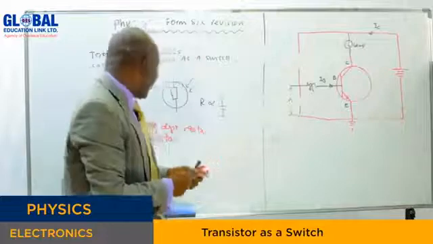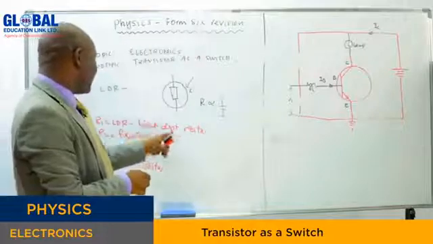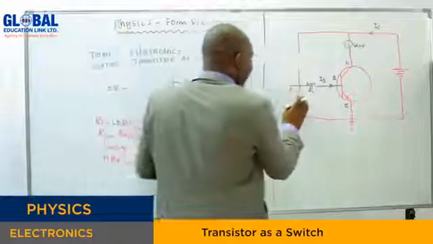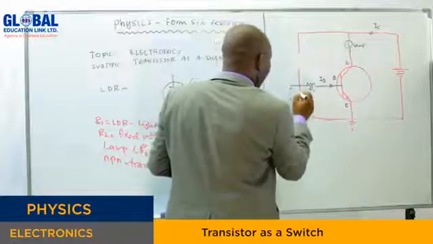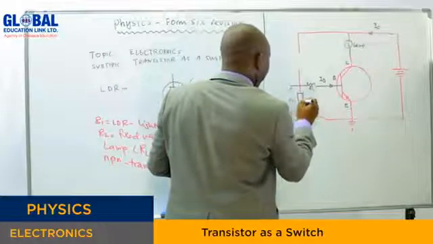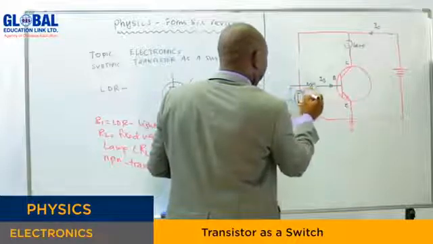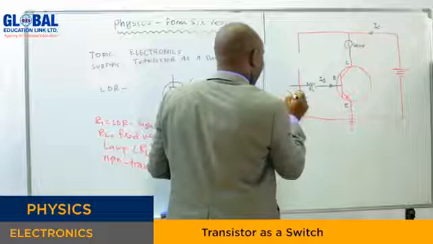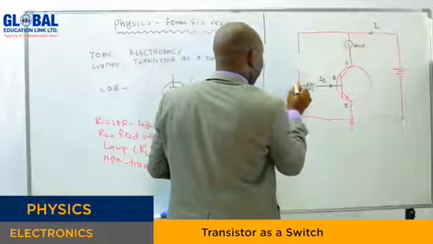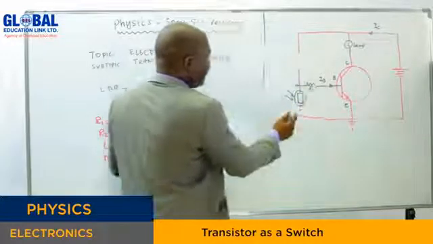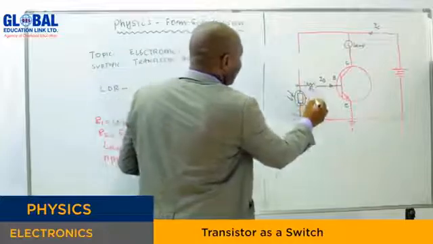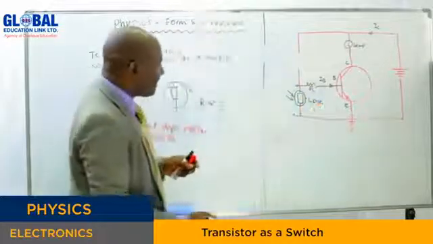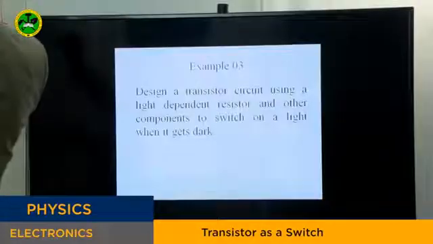Now, where do you connect this light-dependent resistor? Let's try to check if it's supposed to be here, at the base. So here, this is our light-dependent resistor, LDR, and that's where you fix.